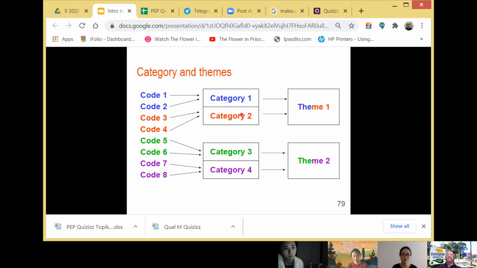So that's category 2. After that, you could conceptualize category 1 and category 2 into theme 1. For example, theme 1 is sport and recreation.